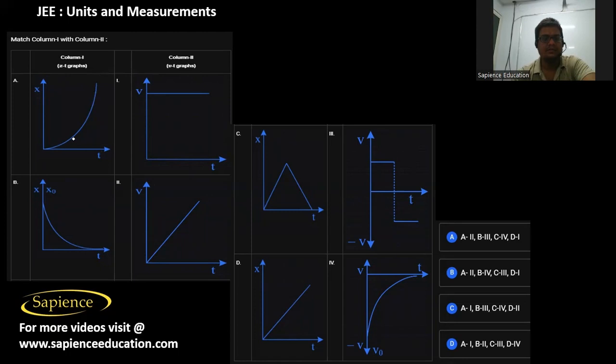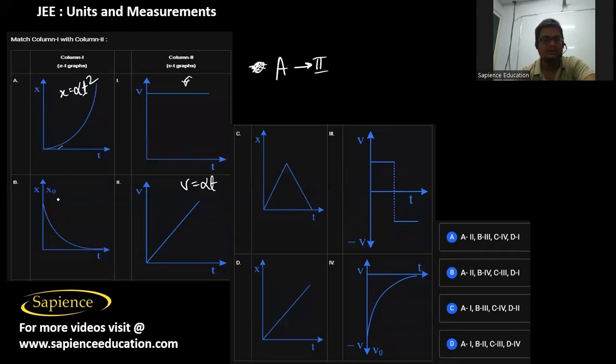Here the slope is increasing, means the velocity is increasing uniformly. It means x is a quadratic function of t, so you can say x is equal to alpha t square. So v will be equal to alpha t. So it means the velocity will be a linear function of time. So A will match with 2.